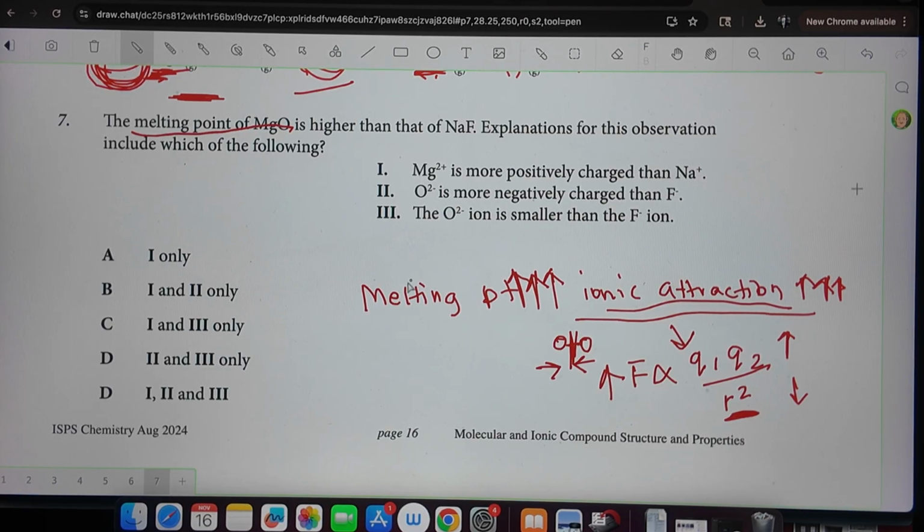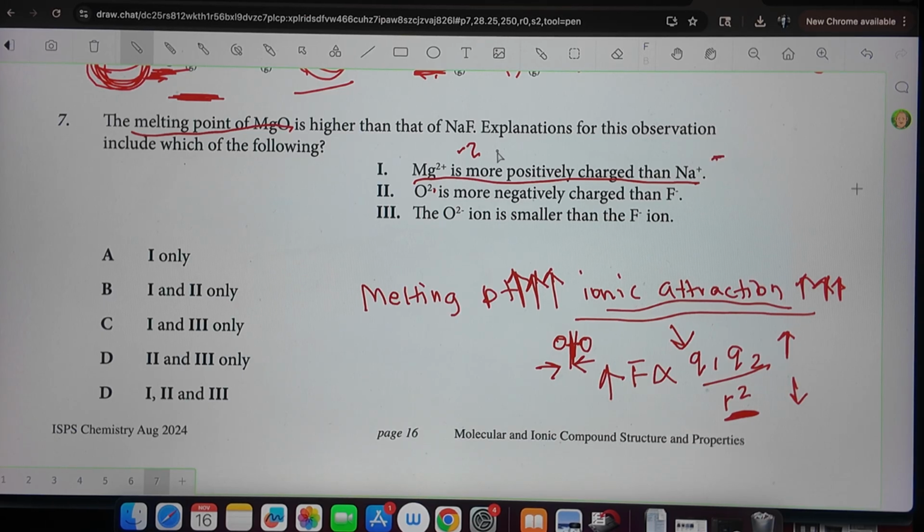So first things first, Mg2+ is much more positively charged than Na+. And why that helps with the melting point of MgO is because whatever Mg2+ is bonded with is probably going to have a -2 charge, and whatever Na+ is bonded with is going to have a -1 charge.